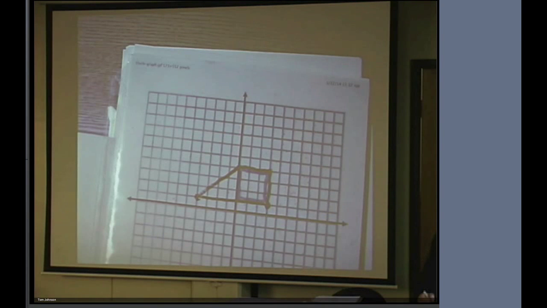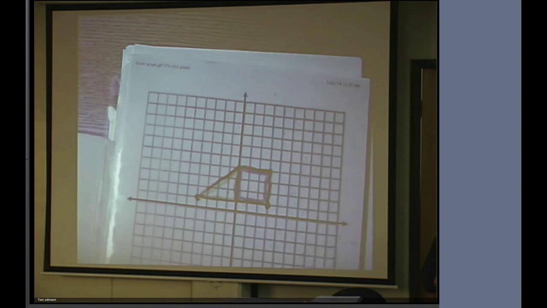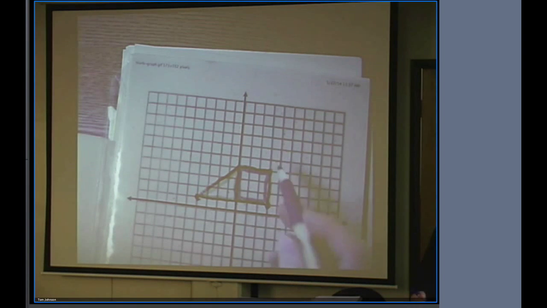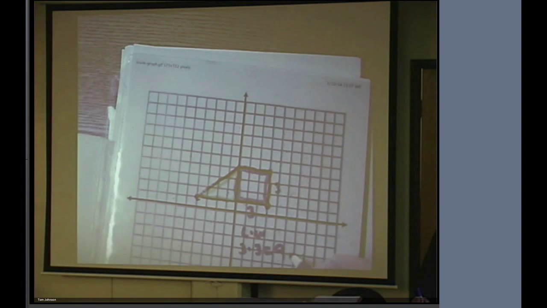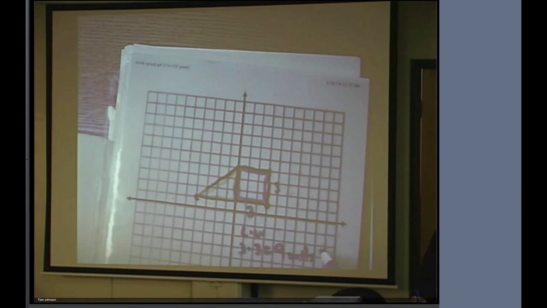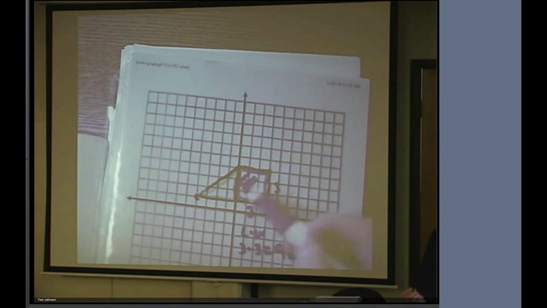And we've got the green triangle. How do you find the area of a square? Length times width. What's my length times my width? So I've got 3 and 3 here, right? So length times the width, which would be 3 times 3, is equal to 9 units squared. So I've got my area for this figured out. Got that one done.